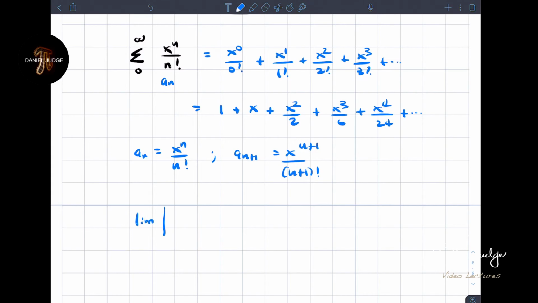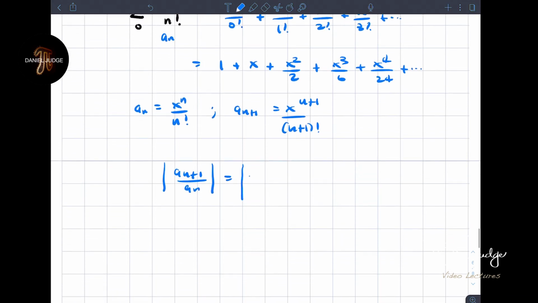And we have the limit here, a_n plus 1 over a_n. We're going to look at the absolute value first, and then we'll put the limit. So remember, a_n plus 1 is x to the n plus 1 over n plus 1 factorial. And now I'm going to multiply by the reciprocal, which is the same as dividing, because that saves us some time and energy.